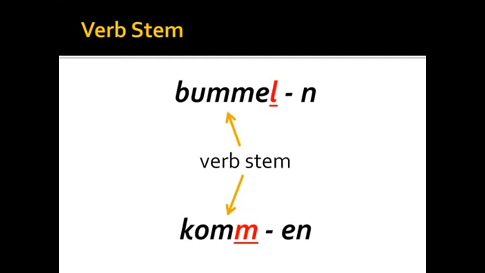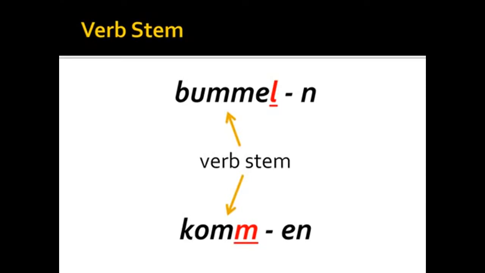That depends on the quality of the verb stem. So if the verb stem ends in an L, so if you remove the infinitive ending and what remains, the verb stem, ends in an L, then you're going to have to use an n for the infinitive form.